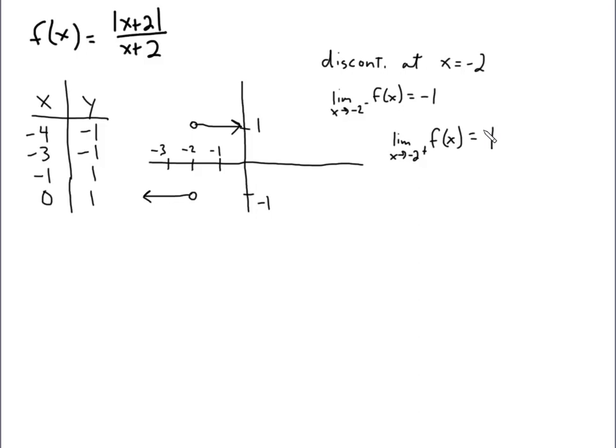So because these two limits are not the same, that means the limit itself doesn't exist. The limit as x approaches -2 does not exist. And that's why we have a discontinuity there. So hopefully that helps with this type of problem.